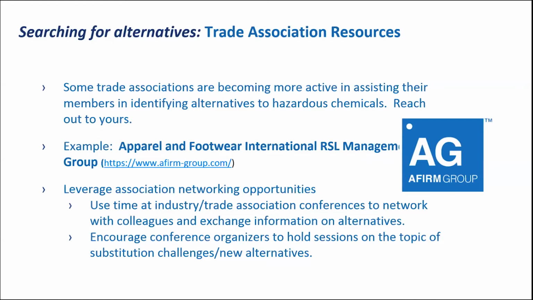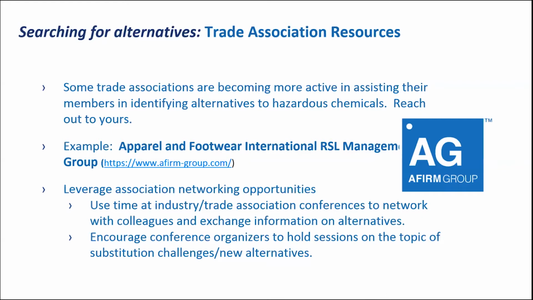Affirm's purpose is to provide a forum to advance the global management of restricted substances in apparel and footwear, communicate information about restricted substance lists, or RSLs, to their supply chain, discuss concerns, and exchange ideas for improving RSL management. This sector has been a leader in moving towards safer chemicals and materials through research, restriction, and empowerment of its members to encourage safer and more sustainable practices throughout its supply chain.